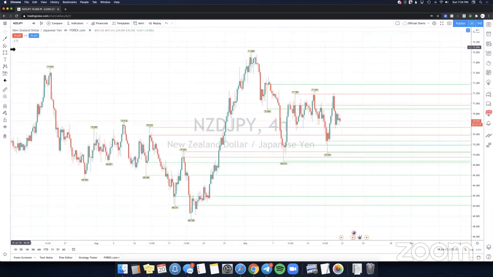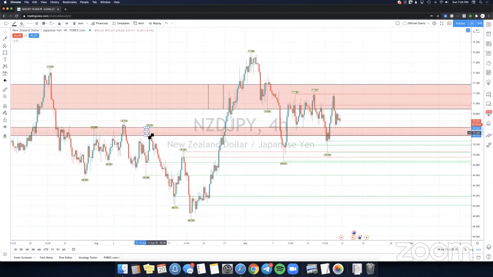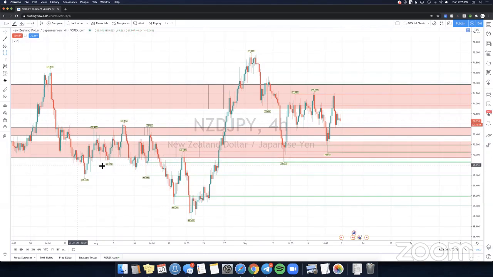So this is perfect. Let's draw this zone up here. Let's make one big zone. This one right here. This one's kind of messy, so let's see. I'm just going to go from there.